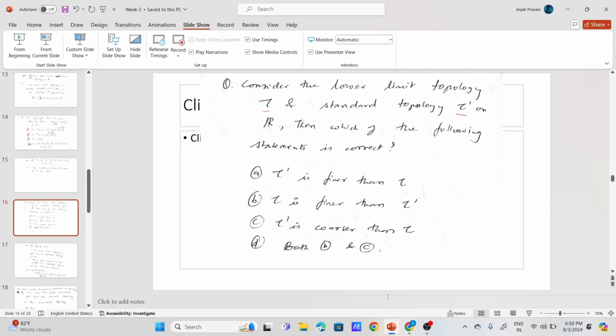Just recall the definition of being finer or coarser topology and try with the definition of lower limit topology and standard topology on R and see what you're getting. Is it A, B, C, or D? That is both B and C.